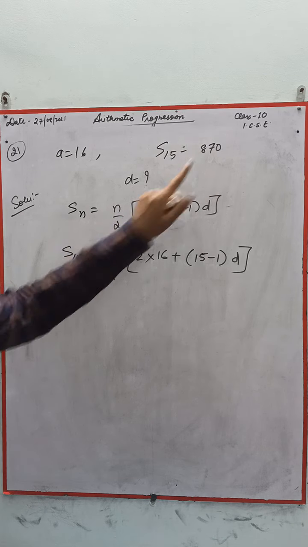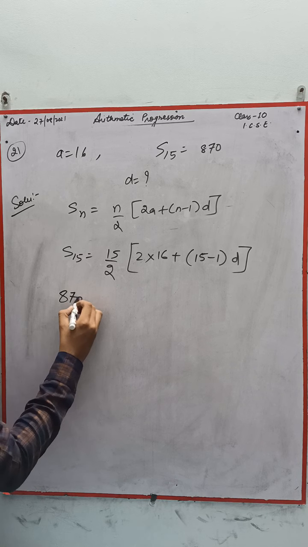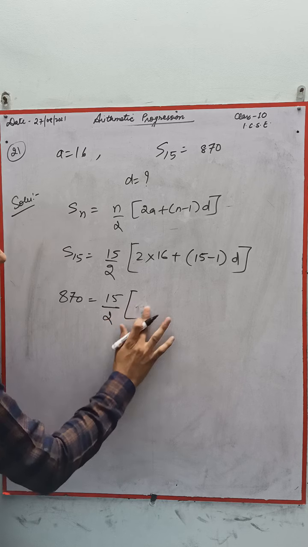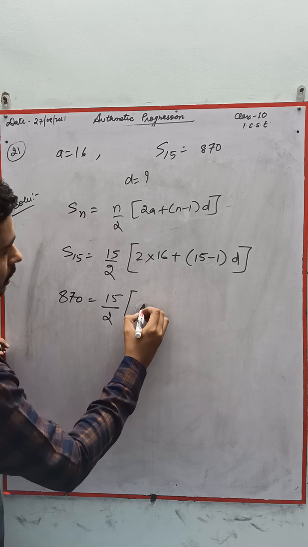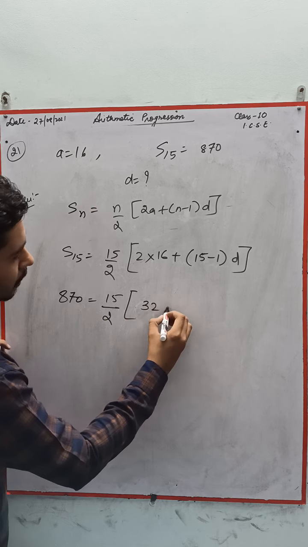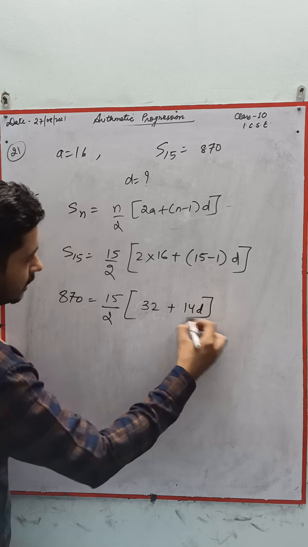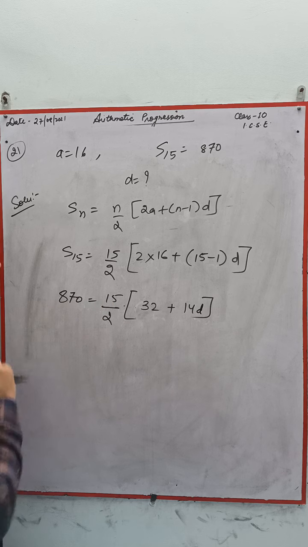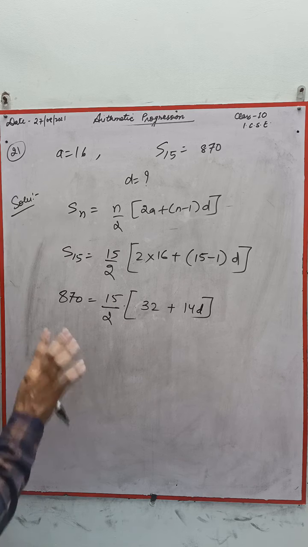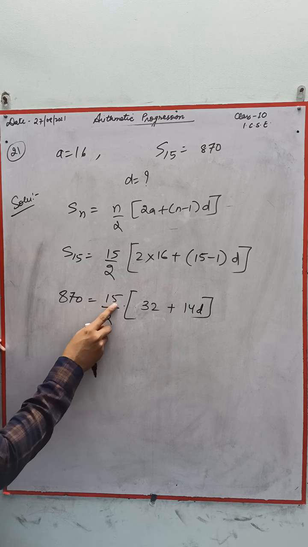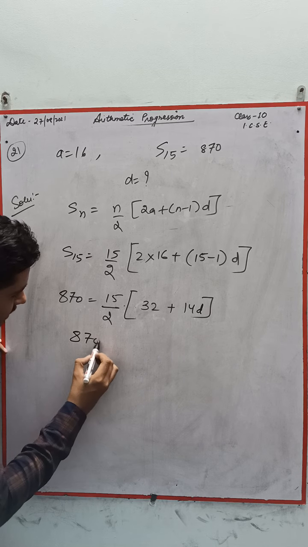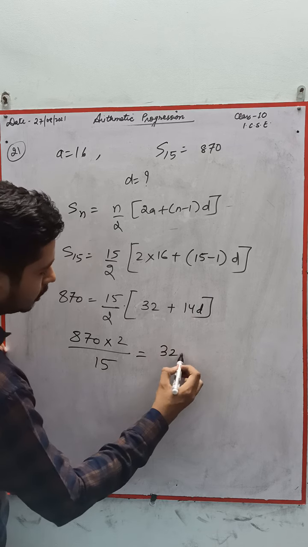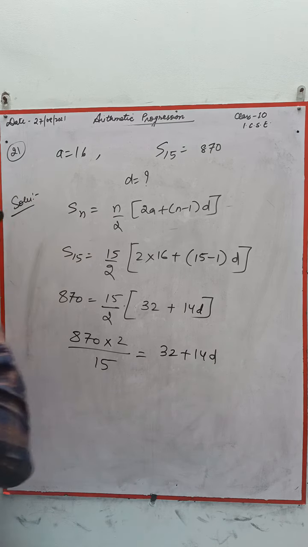In place of S15, can we put 870? So yes, 870 equals 15 by 2 into 2 into 16, which gives 32 plus 14d. Now one thing you can do, we can cancel this 15 with this 2. Or you do one thing, take 2 here and 15 in the denominator. So 870 into 2 upon 15 is equal to 32 plus 14d.